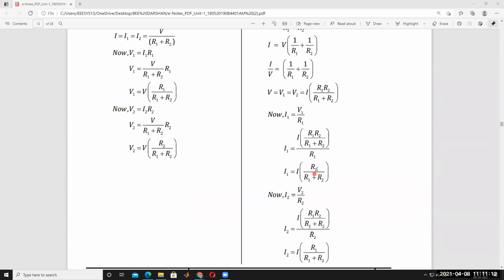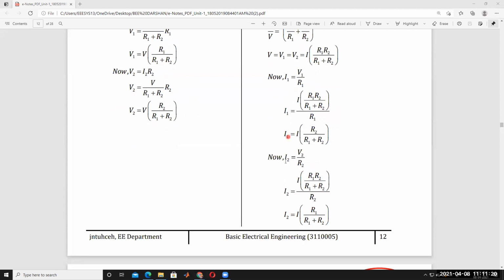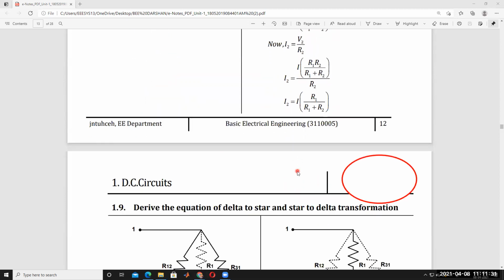For I1, the numerator is R2. For I2, the numerator is R1, the opposite one. It is exactly opposite to the voltage source and current source. Okay, this is the voltage division rule and current division rule.